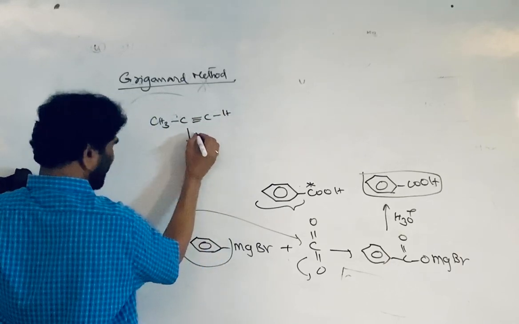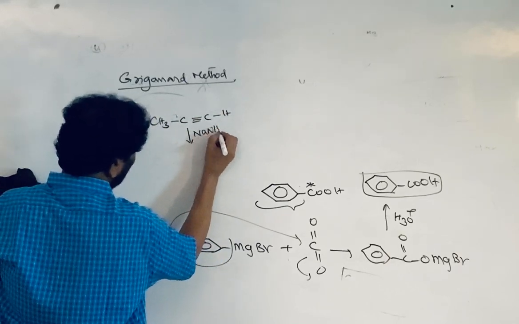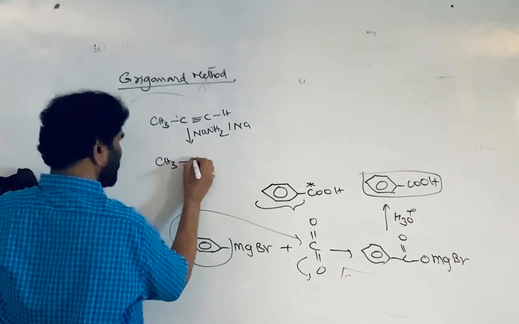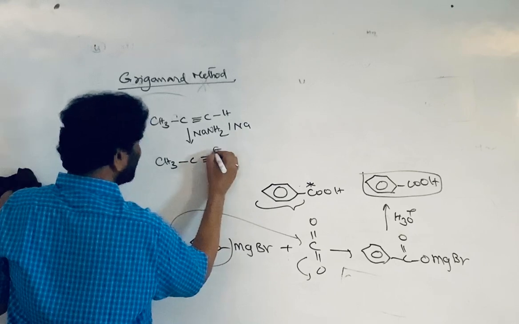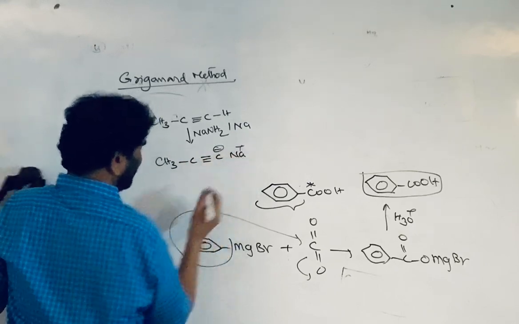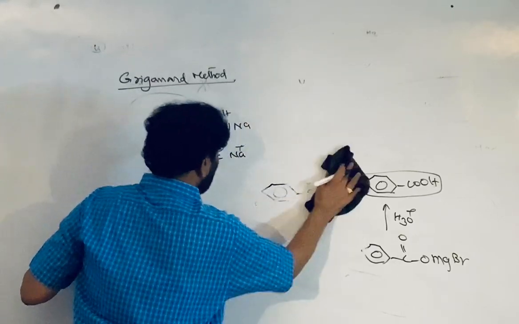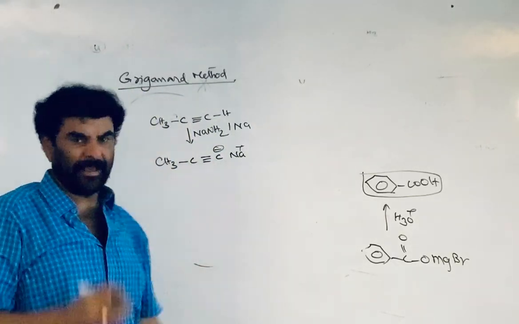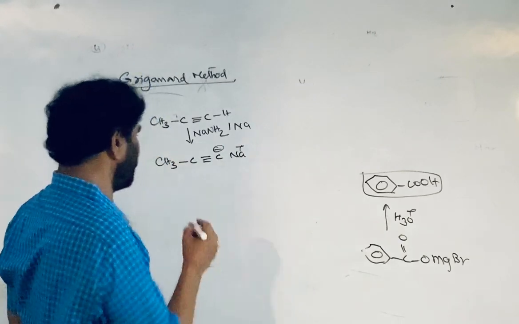On treatment with sodamide or metallic sodium, this is converted to the sodium salt, that is the methyl acetylide ion, a carbanion, carbon with a negative charge.